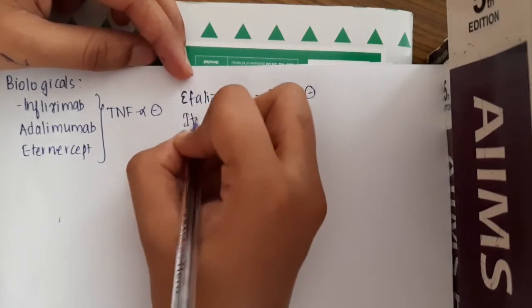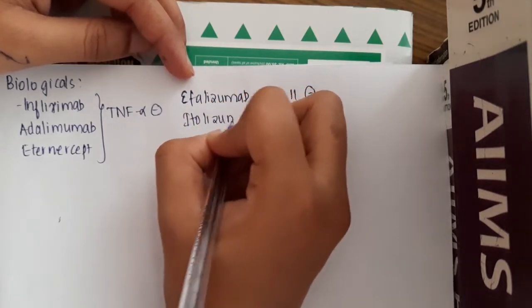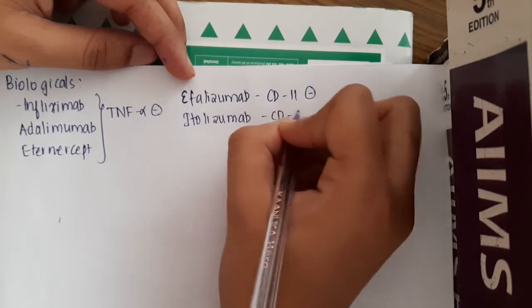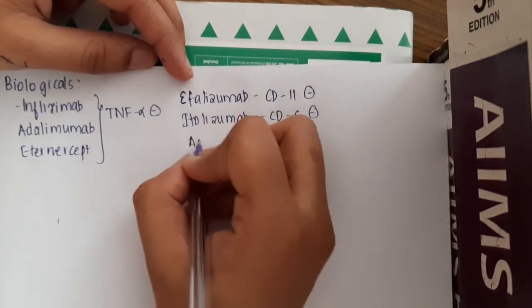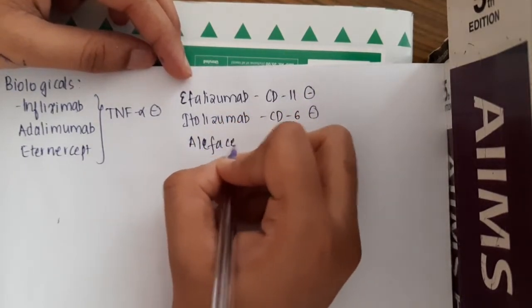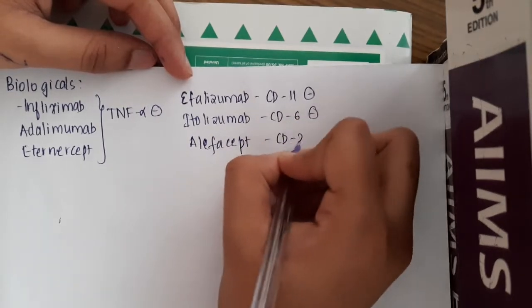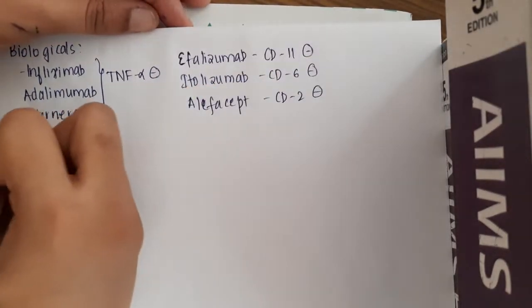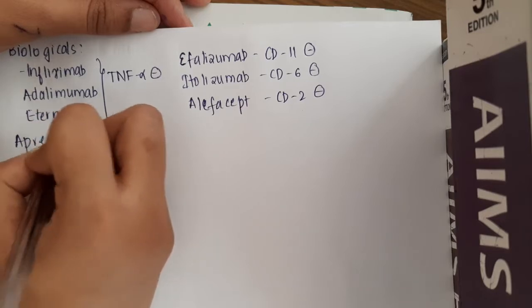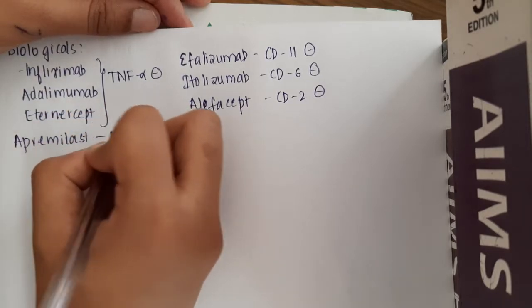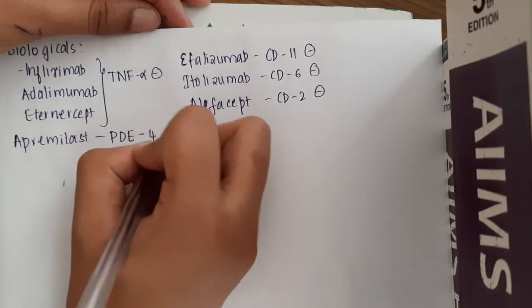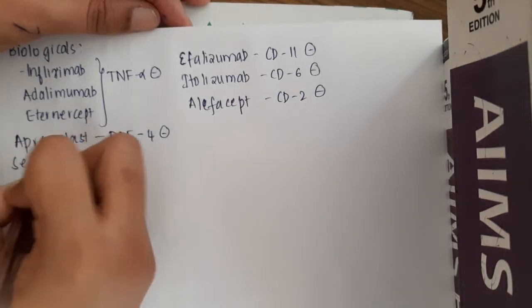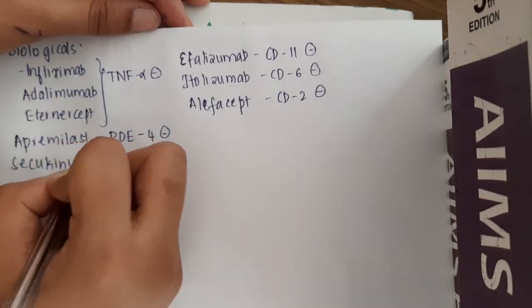Then we have itolizumab, which is a CD6 inhibitor. Then we have alefacept, which is a CD2 inhibitor. Then we have apremilast, which is a phosphodiesterase 4 inhibitor.